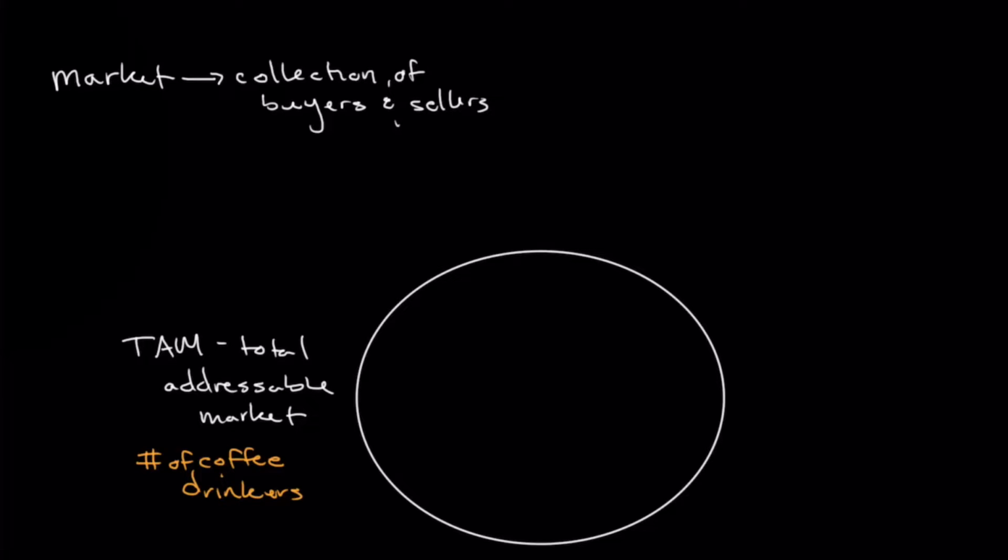This simply means that this is the ceiling for this particular business idea, as the number of coffee drinkers would represent our total addressable market. Likewise, if we were producing smartphones, our total addressable market would be everyone that had a smartphone, which is a lot of people.